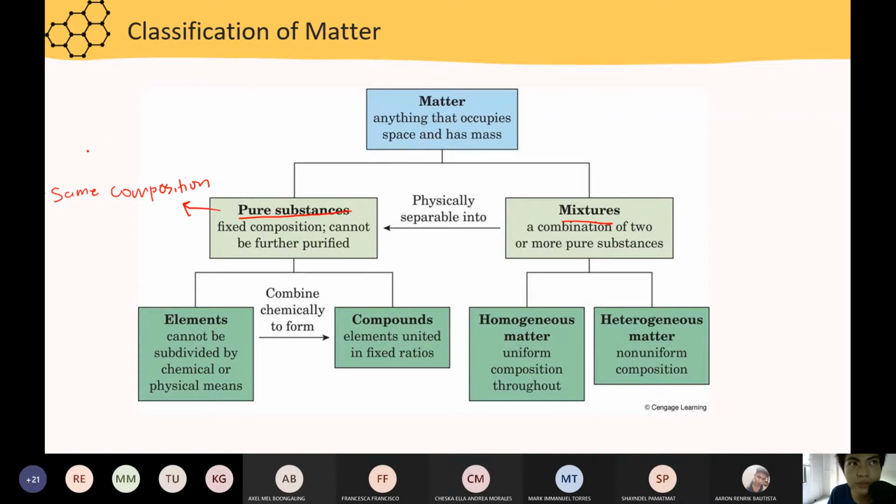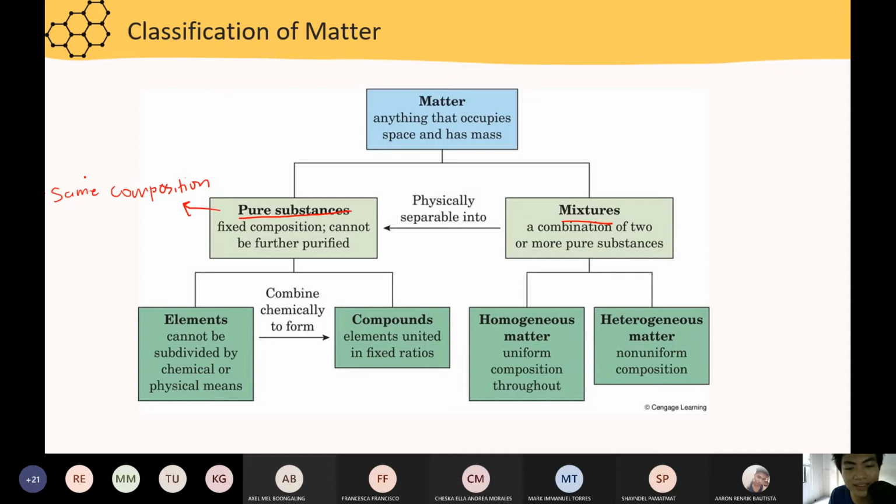If you have pure water, all the compounds there, all the molecules exist as H2O. Pure water eh. Yun lang, nothing else na. So that is a pure substance when the molecules or the atoms present in your sample are the same all throughout. So fixed composition, and cannot be further purified.